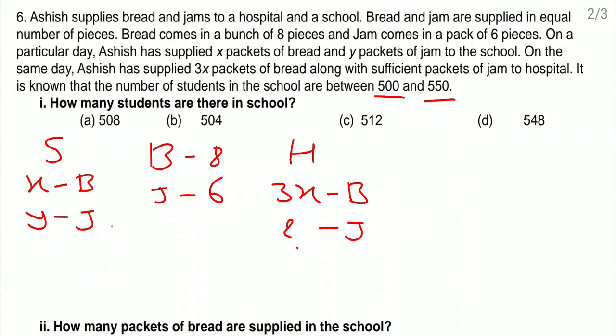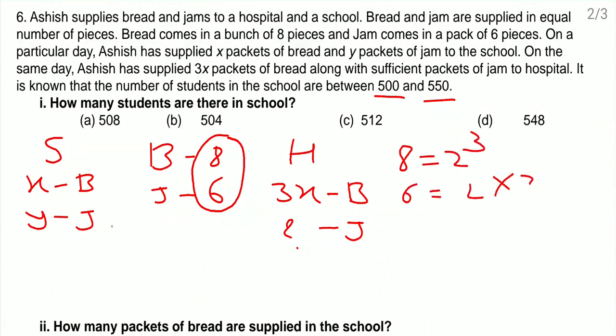Now try to understand. They are supplying an equal number of pieces of bread and jam to the school, and an equal number of pieces of bread and jam to the hospital. These are two different things. In one packet of bread there are 8 pieces and in one packet of jam there are 6 pieces, so we'll find the LCM. 8 is 2 cube and 6 is 2 into 3.